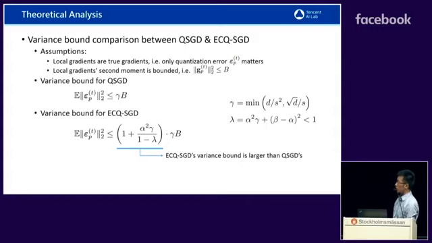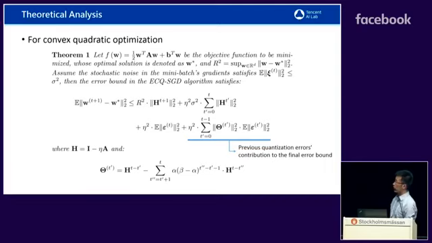And by substituting this variance bound into the previous theorem, we'll have a similar convergence rate for ECQ-SGD, but with a slightly larger constant factor than QSGD. So the above analysis is based on the assumption that the objective function we try to optimize is convex without other special constraints.